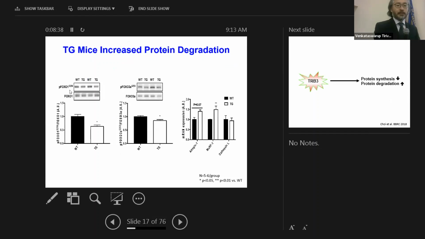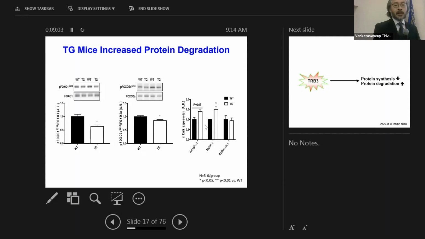We also examined the FOXO signaling, and FOXO phosphorylation was decreased in the transgenic mice. Again, decreased FOXO phosphorylation means that not many FOXO can get into the nucleus, and therefore they cannot activate the downstream targets. One of the downstream targets of FOXO is the atrogenes, meaning the proteins involved in protein degradation, such as atrogin-1 and MuRF1.